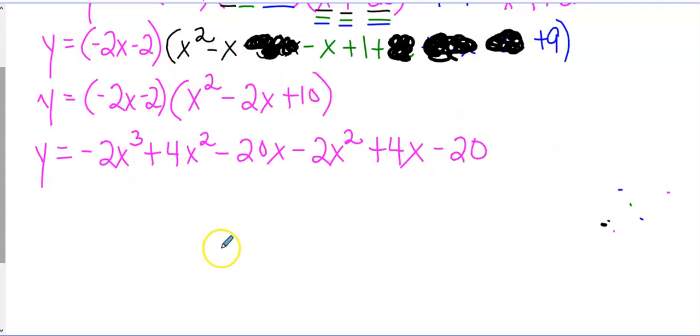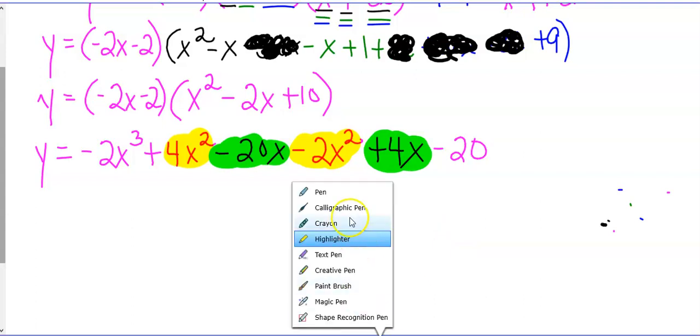Okay, now we just need to combine like terms. There's an x squared term and there's an x squared term. There's an x term right there and an x term right there. So I just need to combine those.